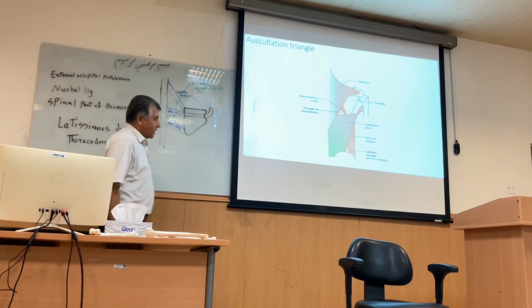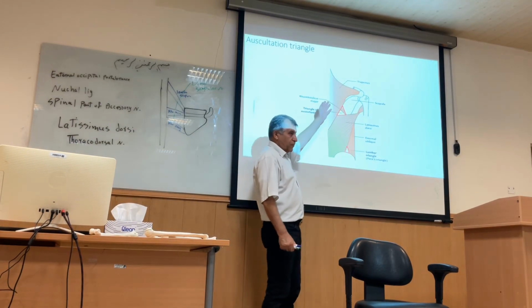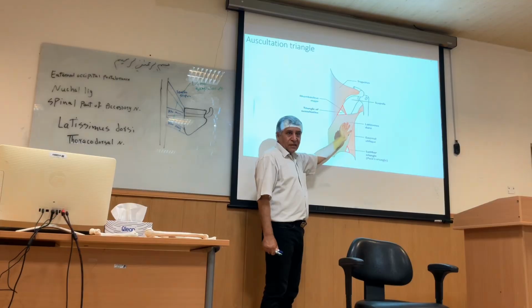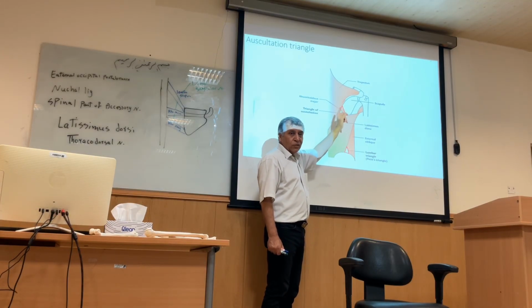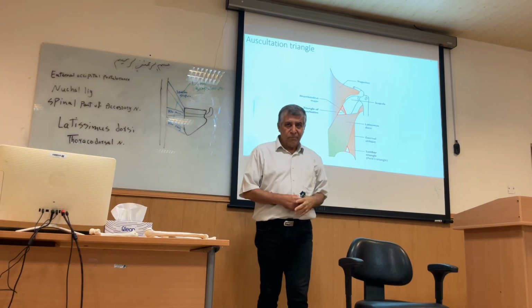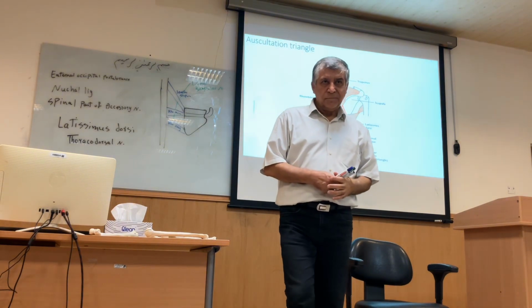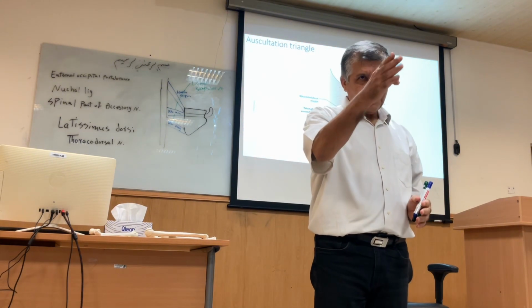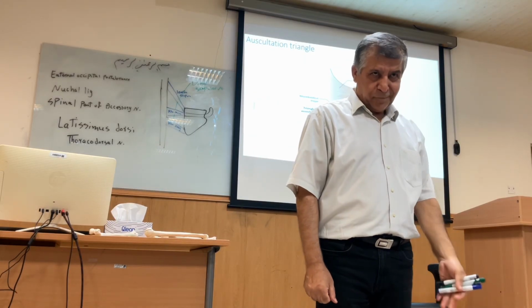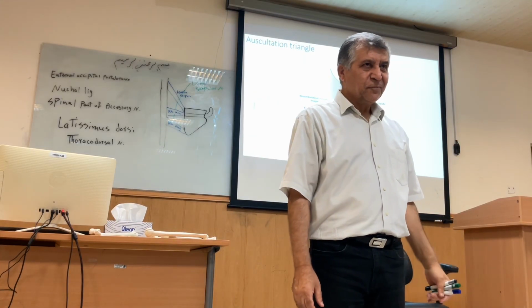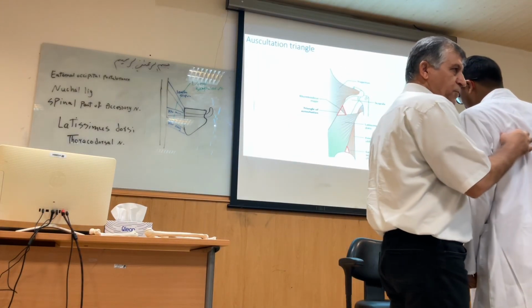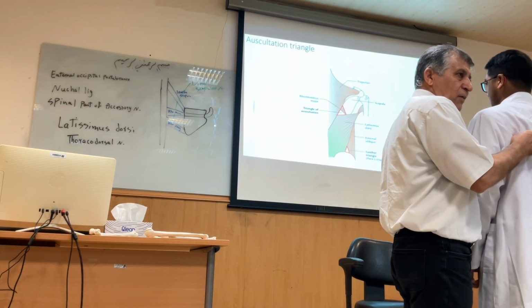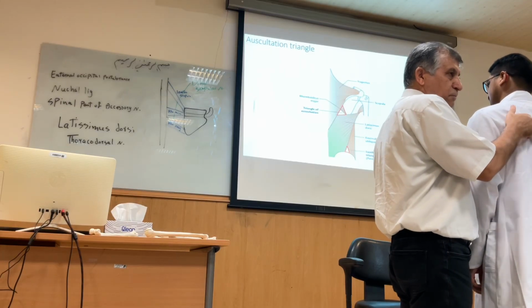This one is trapezius. This one is latissimus dorsi. This one is the medial border of the scapula. When you touch the inferior angle of the scapula, this is the medial border.